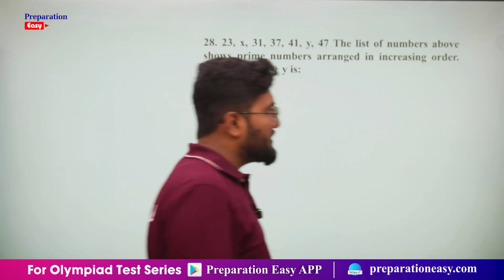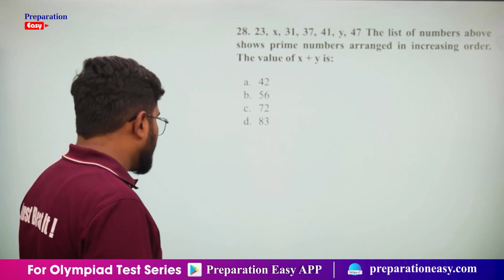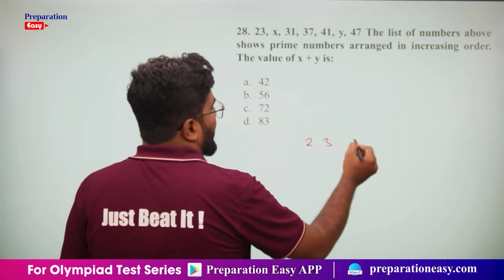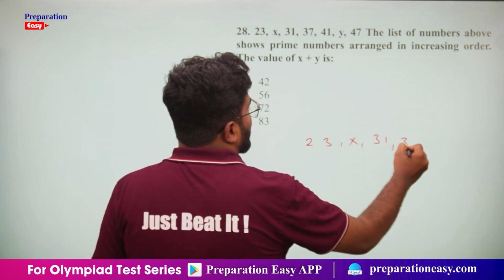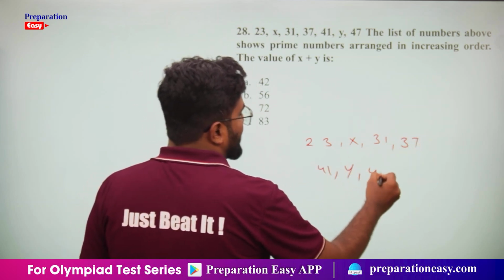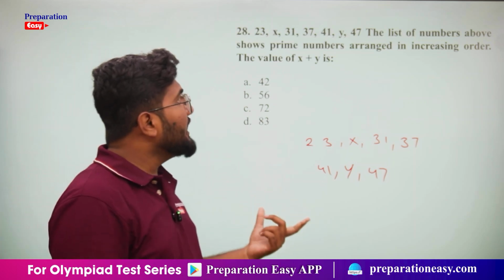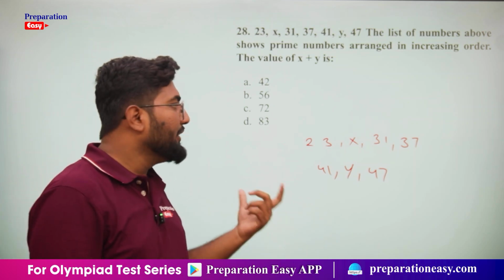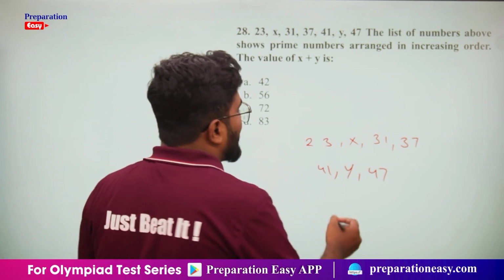Moving towards the next question. The numbers are 23, x, 31, 37, 41, y and 47. These are all prime numbers arranged in increasing order, in ascending order. So we have to first find all the prime numbers. What are the prime numbers?